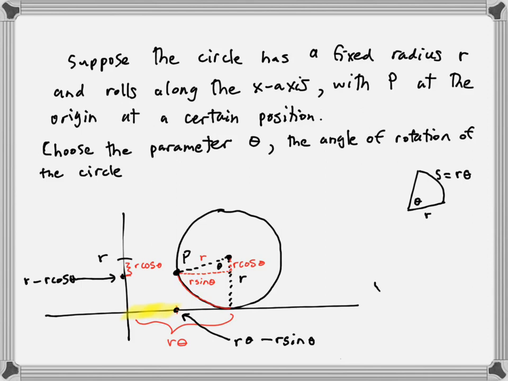And so we end up with our equations of the cycloid, which is r theta minus r sine theta. That would be the x part, and the y part is r minus r cos theta.